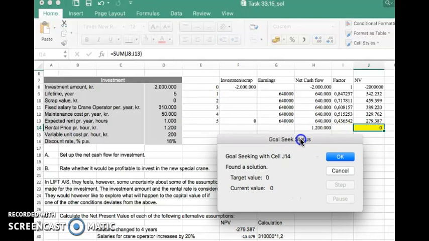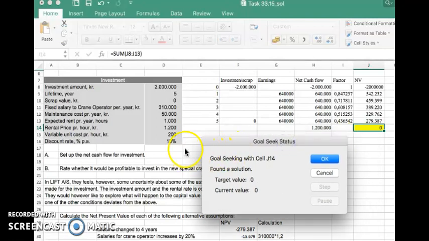They found a solution of 18%, and that would of course make our factor smaller, which would influence the net present value to be closer to 0. This of course has influence on the corporation, that we would expect the discount rate to be at least 18% in this case.